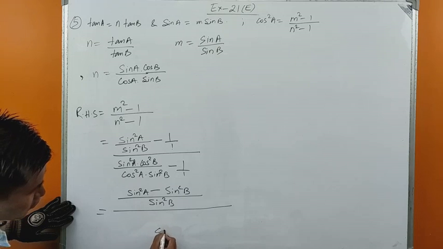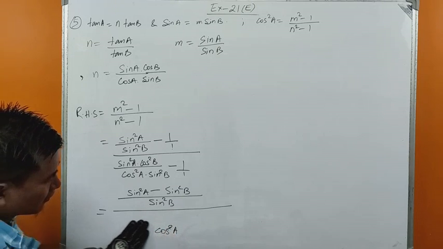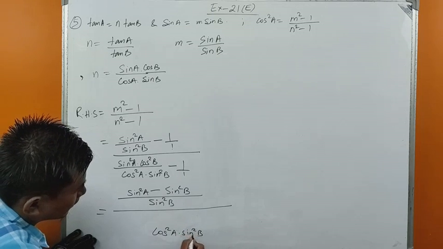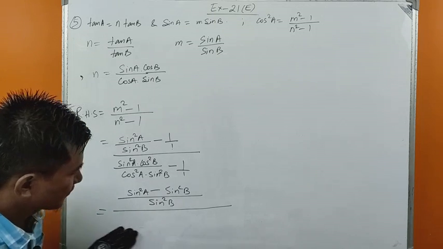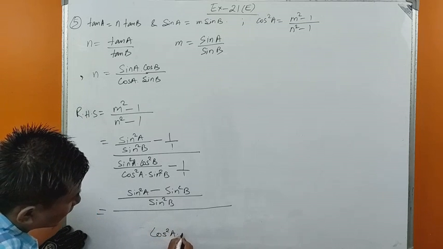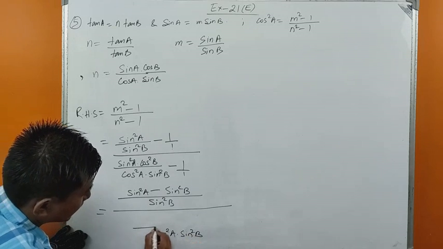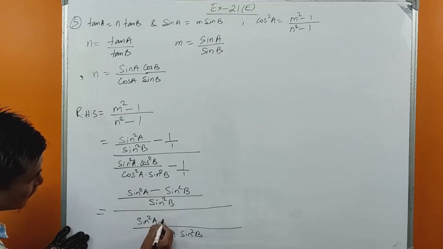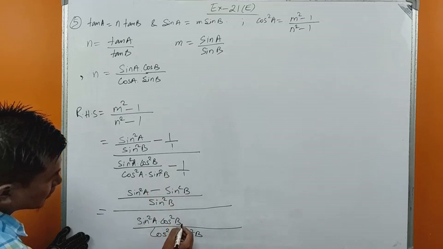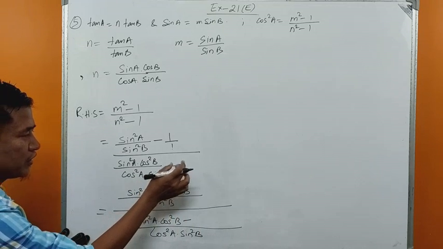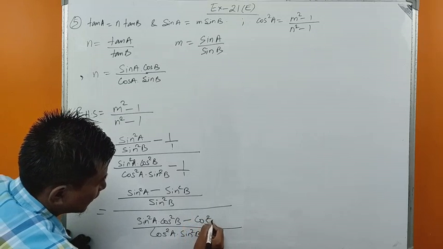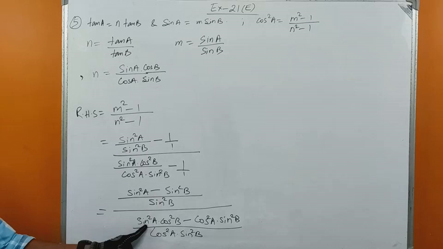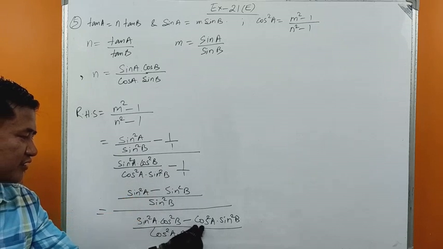The LCM will be cos square A, sin square B. So 1 into this is sin square A cos square B, minus cos square A sin square B into 1.